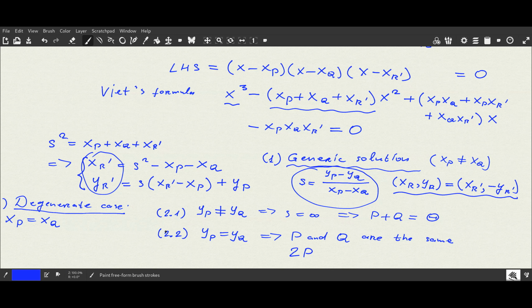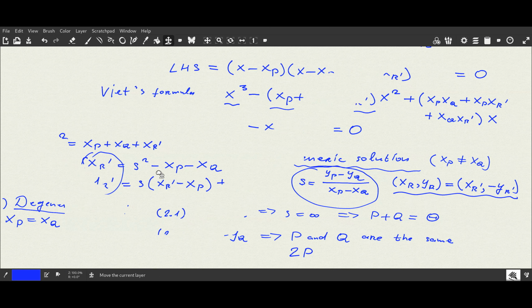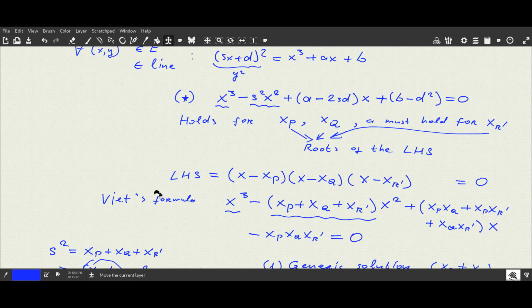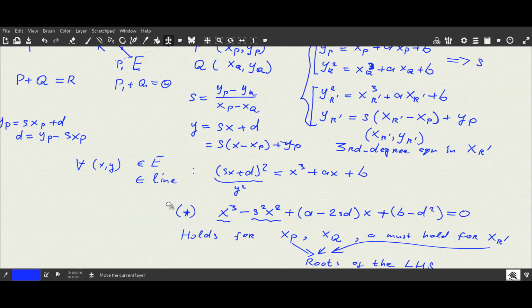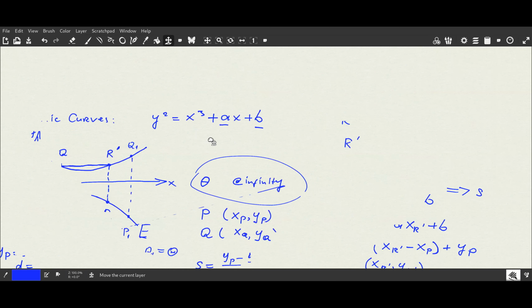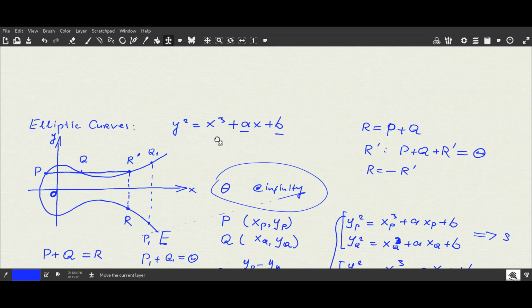So let us consider this case 2.2 in more detail. Basically, there is nothing that much degenerate about it. What happens is that, suppose that we have points P and Q very, very close to each other. For example, P2, Q2.